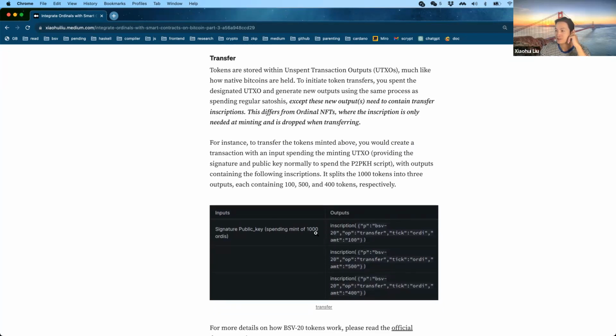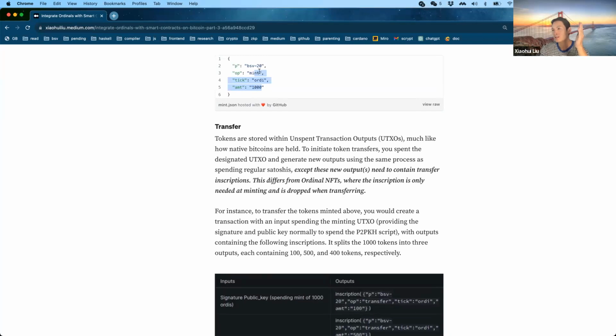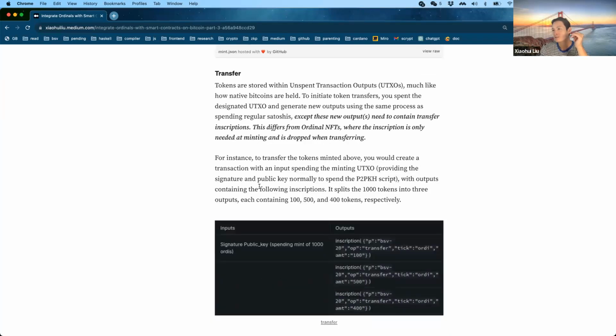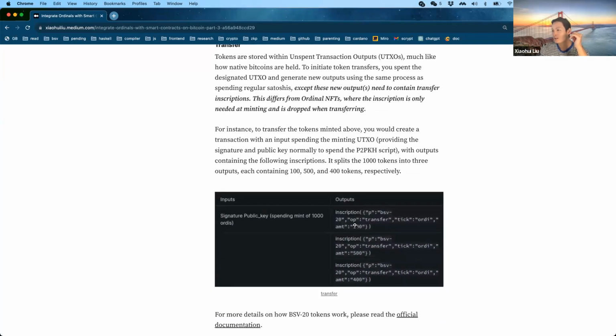So you have to make sure all the tokens in the outputs should not exceed the sum of tokens in the inputs, right? So once you have a UTXO containing, let's say, 1,000 ODI tokens, you have an input spend from it, and then you are breaking it up into 3 token outputs, each containing 100, 500, 400, respectively.